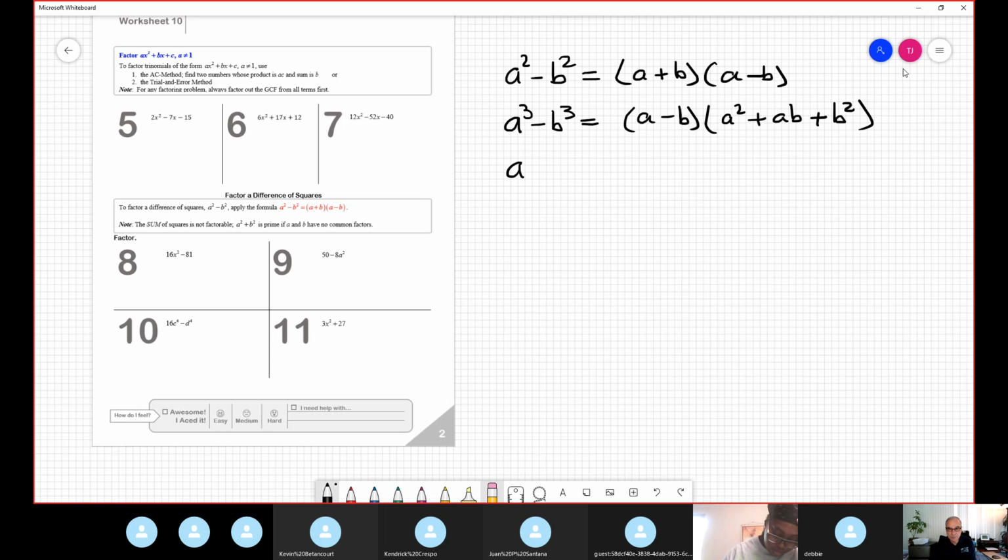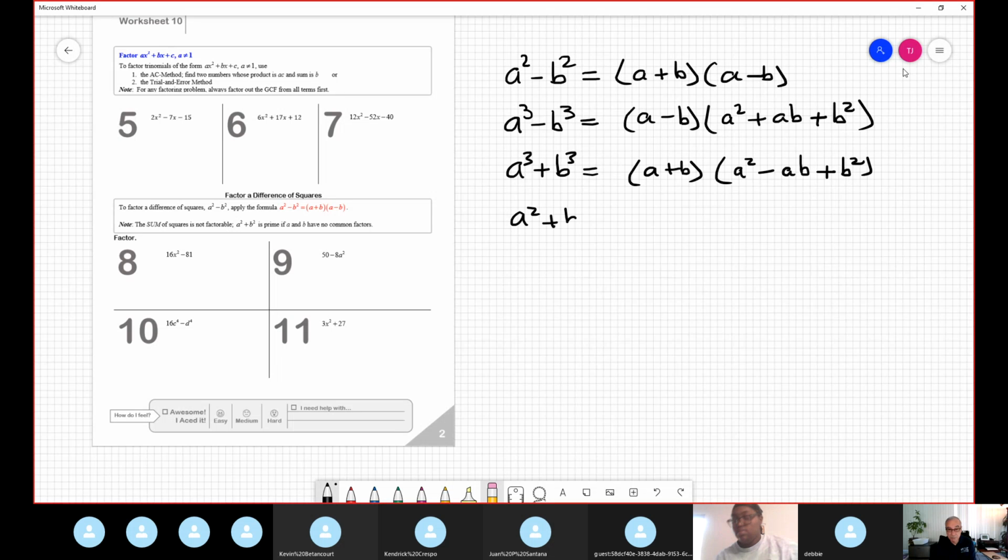And the sum of cubes is a similar formula, but it's plus, and it's minus in the middle of the trinomial. The sum of squares, it's impossible to do anything. This is a prime expression.